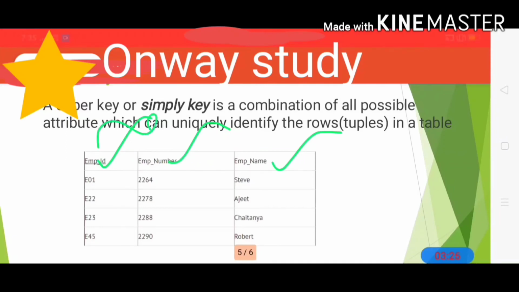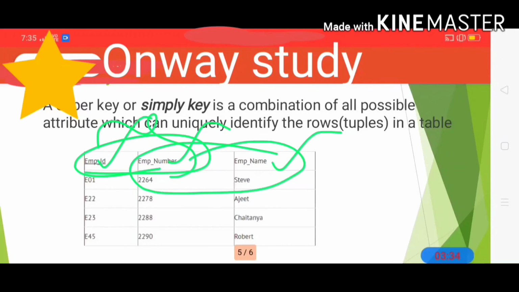Employee ID and employee number, this two combination is also a super key. Employee number and employee name, this two combination is also a super key. Employee ID, employee number, employee name, this 3 combination is also called a super key. Maximal combination of keys is called a super key.